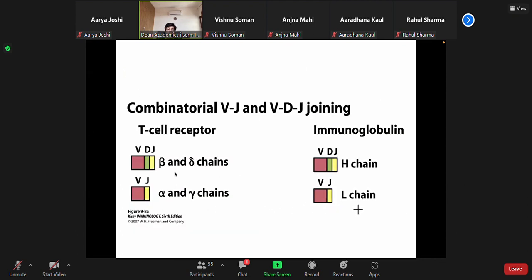Again, this is the same thing for TCR as for immunoglobulin, the antibody molecule. It is VDJ for beta and delta for TCR. For heavy chain, this is VDJ. For alpha and gamma chain, this is VJ, and for light chain, this is VJ, right?